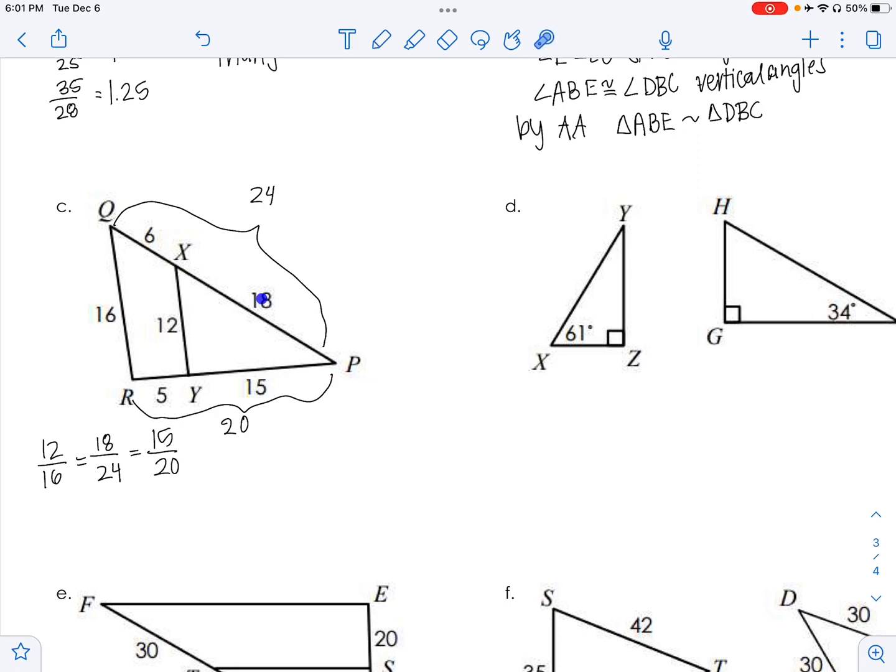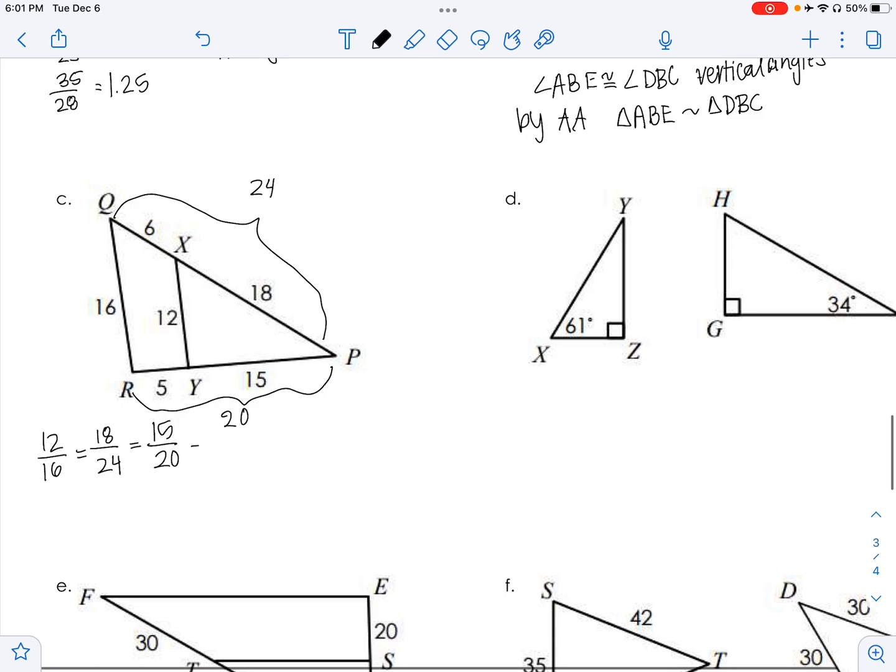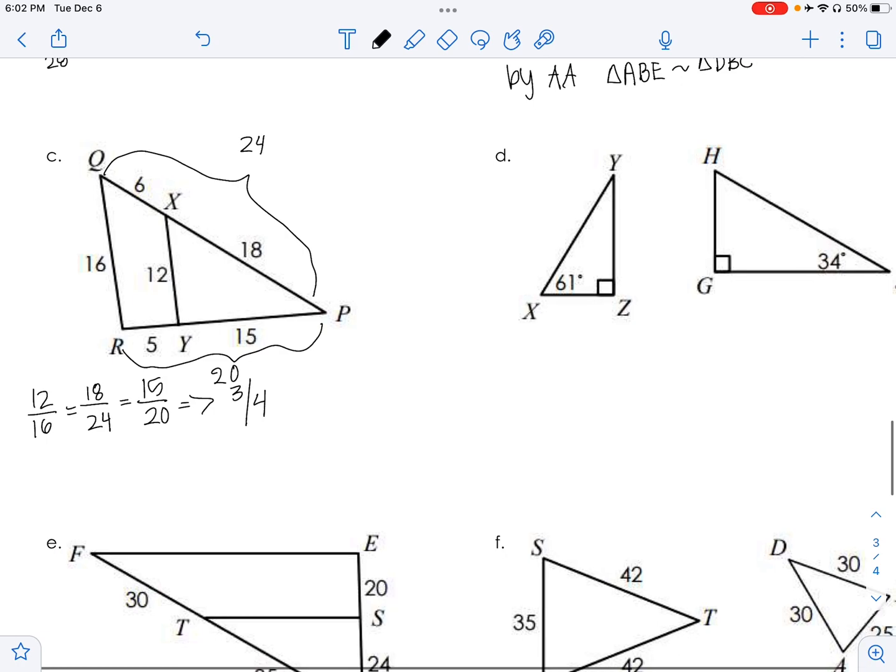So relating each of the sides of the smaller triangle to each of the sides of the larger triangle. If you type these into a calculator or reduce the fractions, you can see that they all reduce to 3/4. So they're all equal to 3/4.